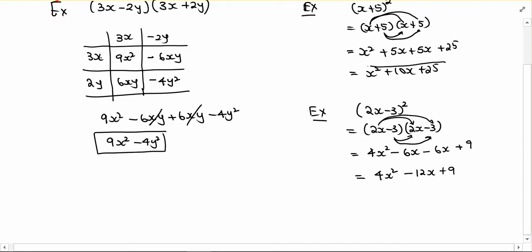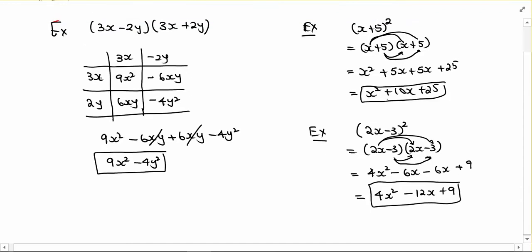Alright, so there's something interesting about these two questions. If you look carefully at this first one and you compare it to that, this is x squared, this is 25, 5 squared, and in the middle what you get is 2 times 5 times x, 10x.